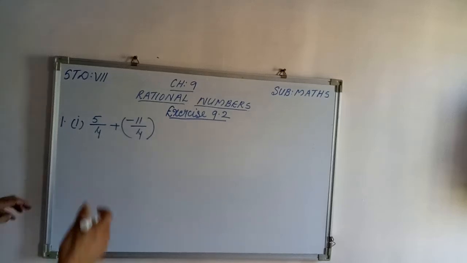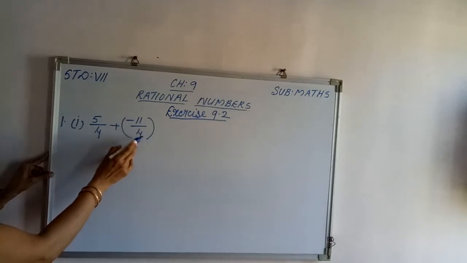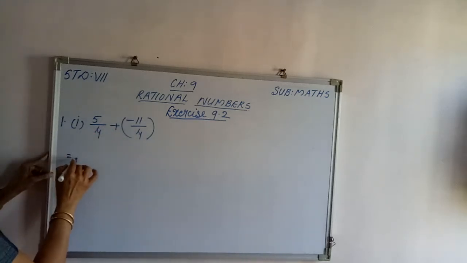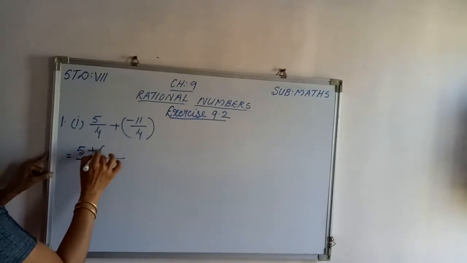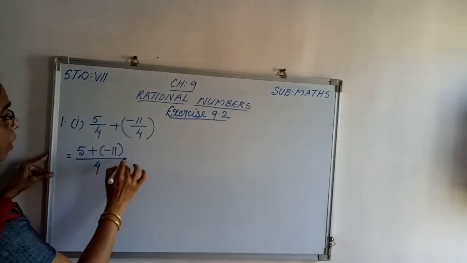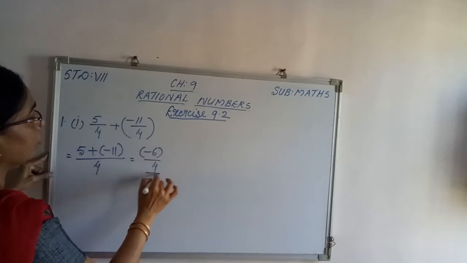Now see, in 5/4 and minus 11/4, the denominators are the same. 4 is the denominator, so keep the denominator same as 4. Now add the numerators, 5 plus minus 11. You know that 5 plus minus 11 gives minus 6/4.